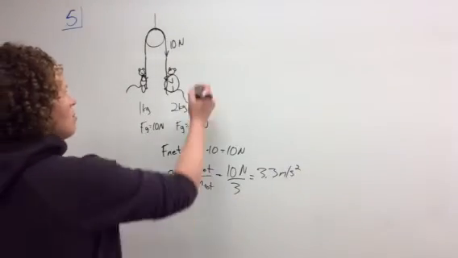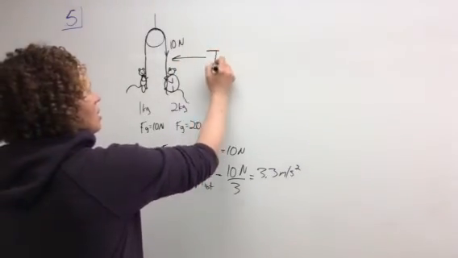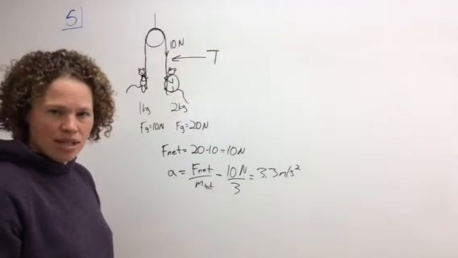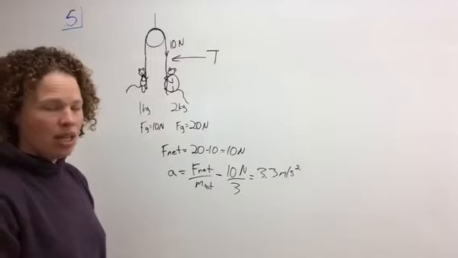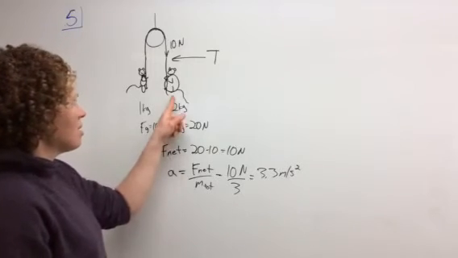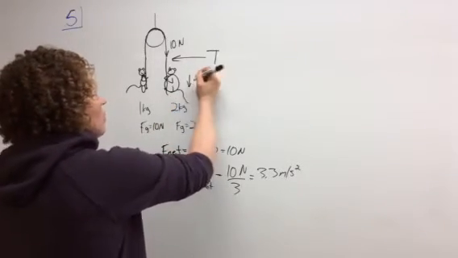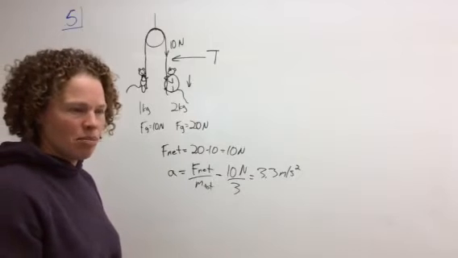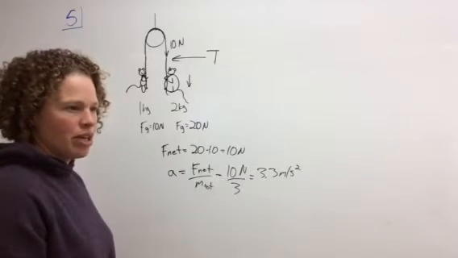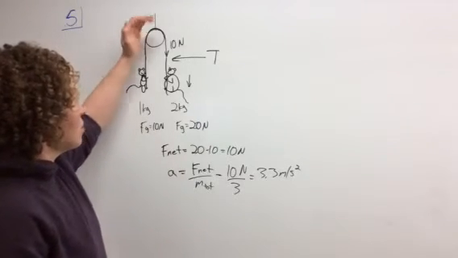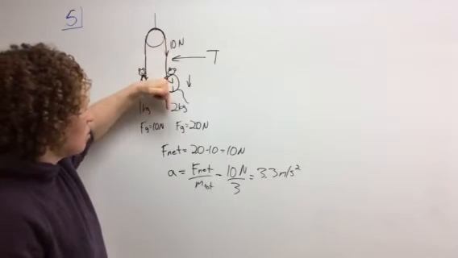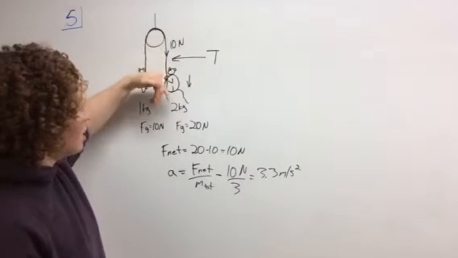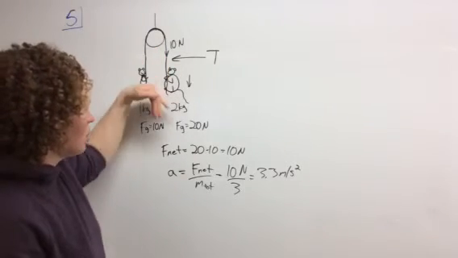Now we look at the tension part on this rope. Tension is the same for both, so let's focus on what's happening on this side. Now, this guy's going down, which is actually relieving some of the pressure that's been caused by gravity. If this system was stationary, then the 20 newtons would be pulling on the rope, but some of it's been relieved, so it's only like the 10 newton force that's going.